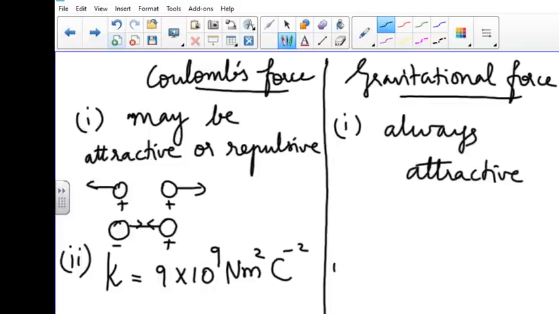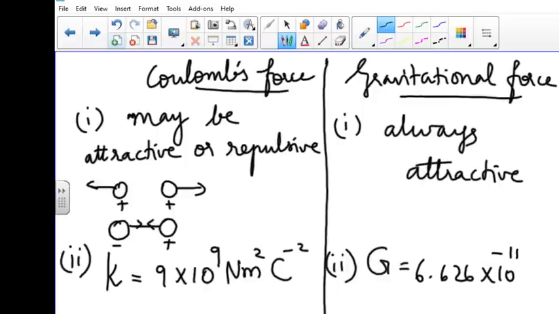Whereas in the gravitational force, the value of G, that is the proportionality constant, is 6.626 into 10 power minus 11 N m squared kg power minus 2. So if you compare these two values, here 10 power 9 is a larger value and 10 power minus 11 is a smaller value. So we can come to a conclusion that the electrostatic force is always greater in magnitude than gravitational force for smaller size objects. This is the second point.